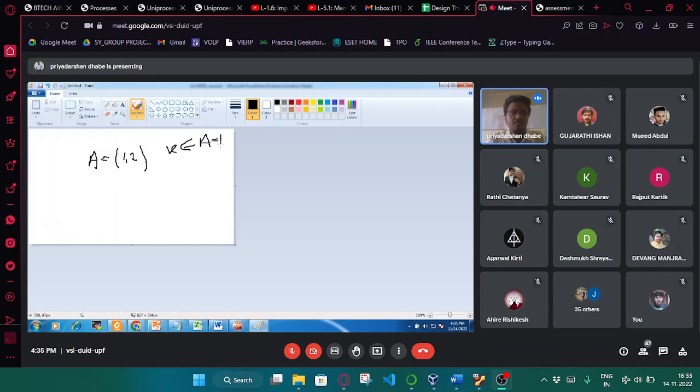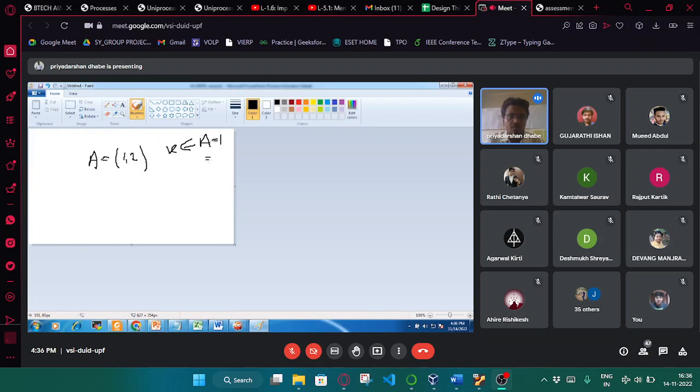So every set which we have already learned is associated with its membership function, and on the basis of the membership function we determine whether 2 is an element of the set or not. If membership of 2 in A is 1, I say that X belongs to A, or 2 belongs to set A.